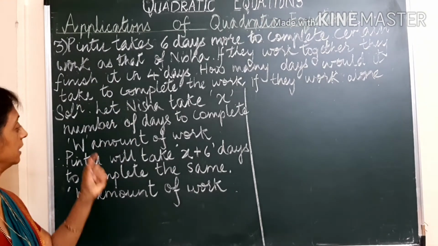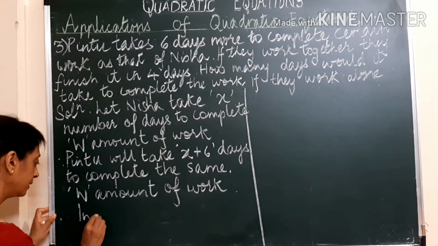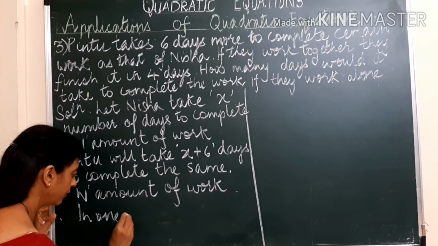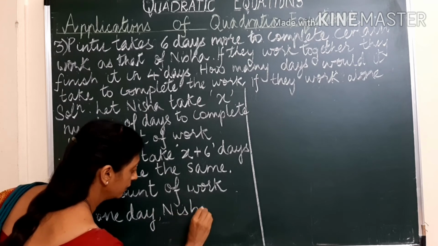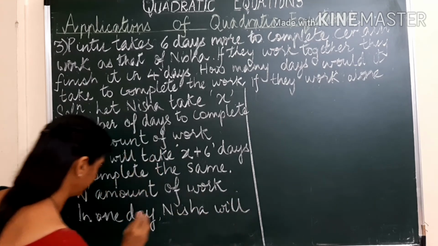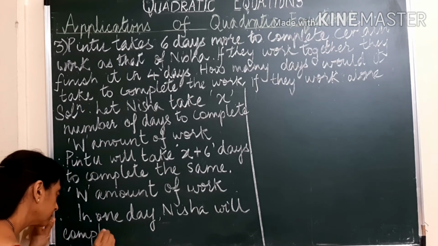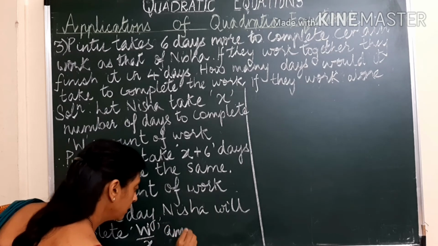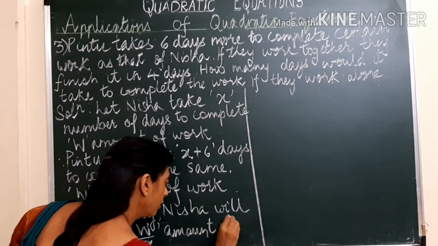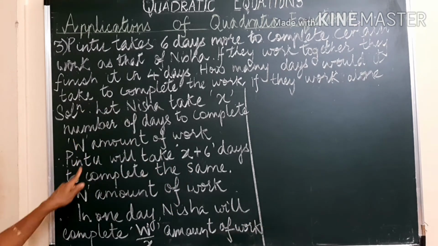Nisha will complete W upon x. So therefore, in one day, Nisha will complete W upon x amount of work.